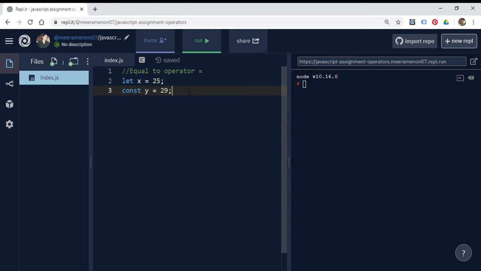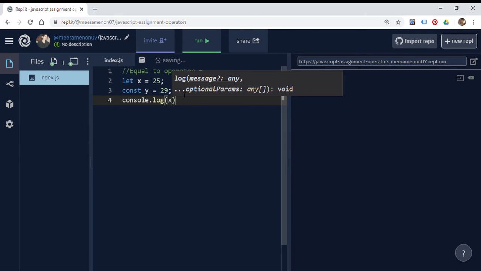We've already done the const variable earlier. This is something which doesn't change. x can change. So we'll see how. Let's call for console.log x equals y.